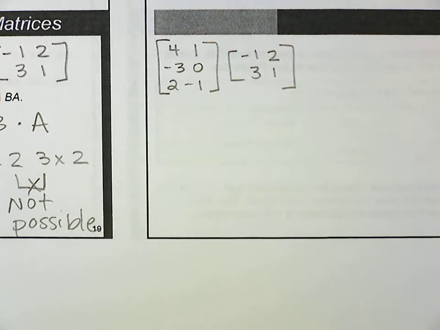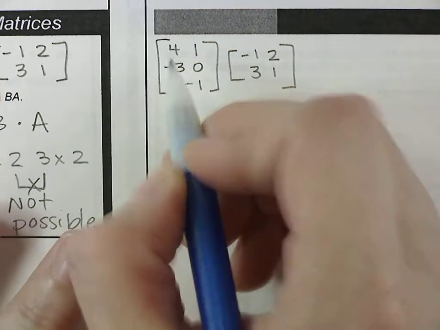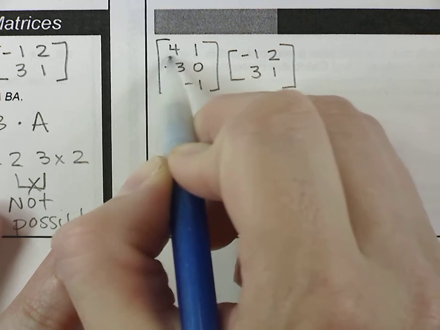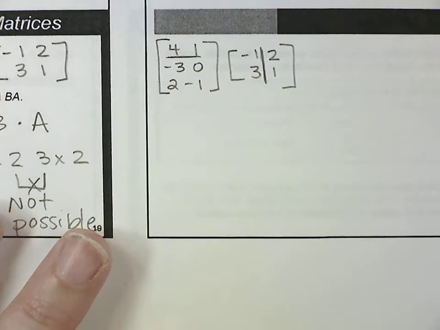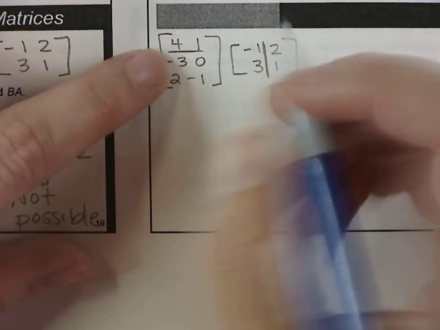Okay, so then the next thing that I do just to kind of help me figure out what I'm multiplying by is I'll underline. So I want to find the first row and the first column. So I'll put little lines there.